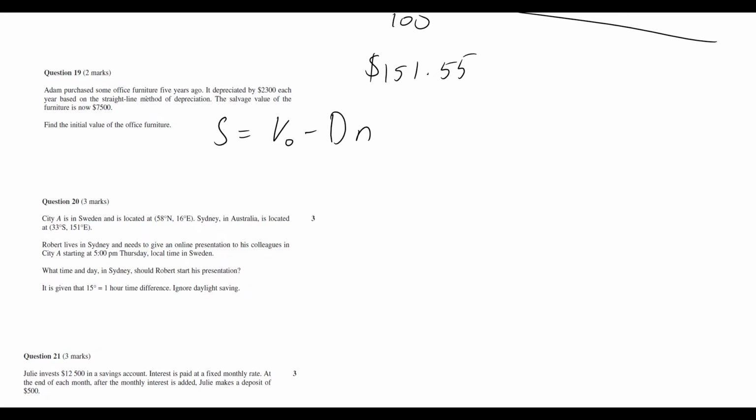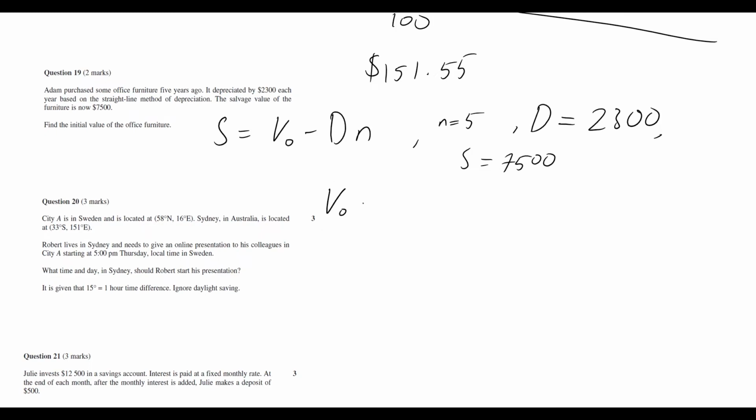So Adam purchased some office furniture 5 years ago, so N equals 5. It depreciated by $2,300 each year. So that means that capital D is equal to 2,300. And the salvage value of the furniture is now 7,500. So we know that S equals 7,500. All right, so now all we need to do is substitute all those in and then solve for V naught.